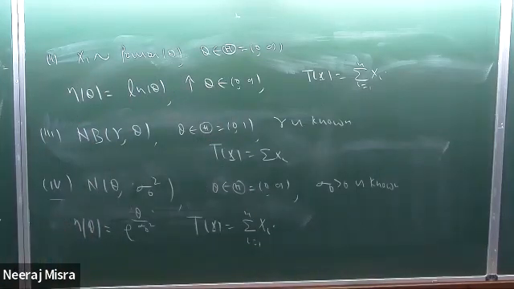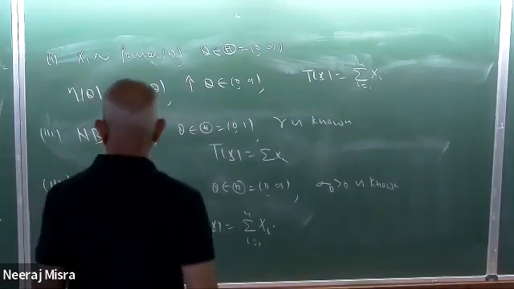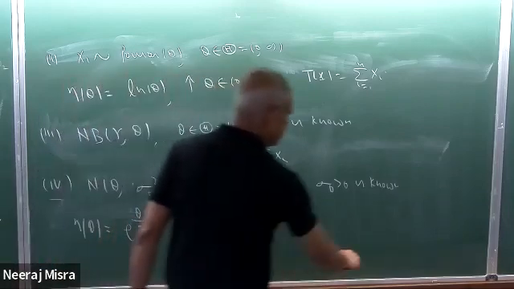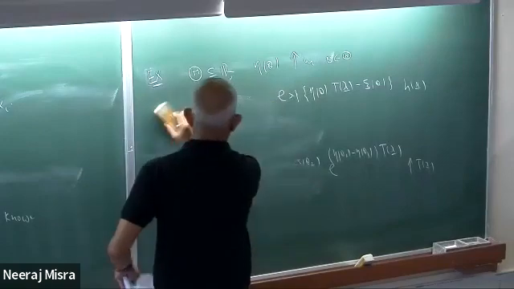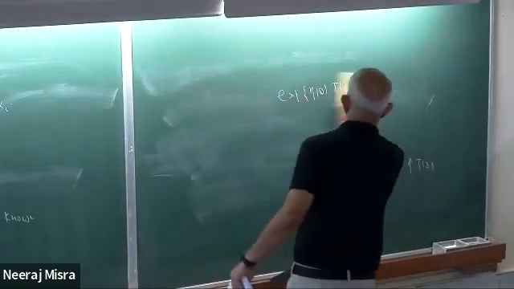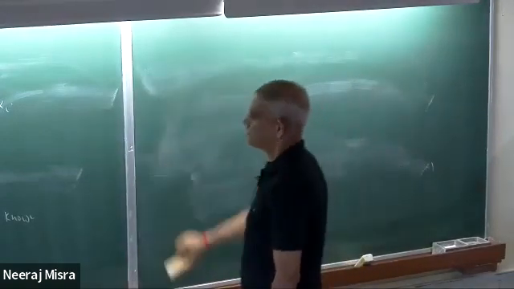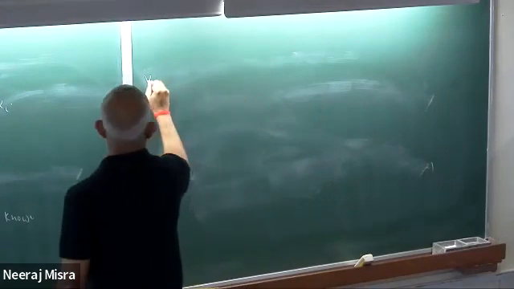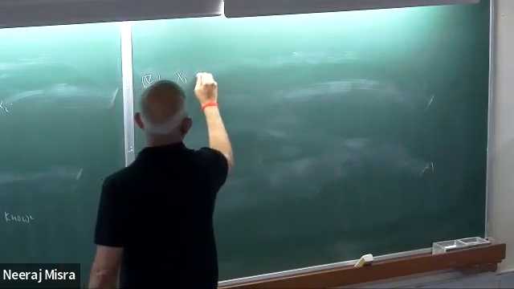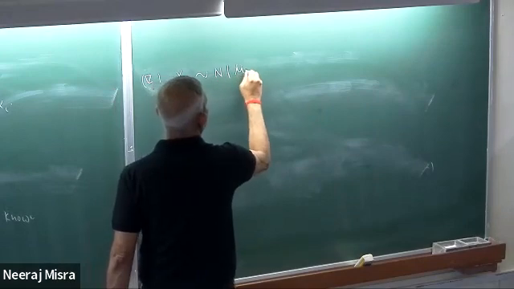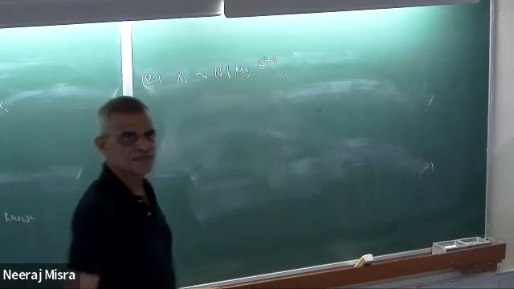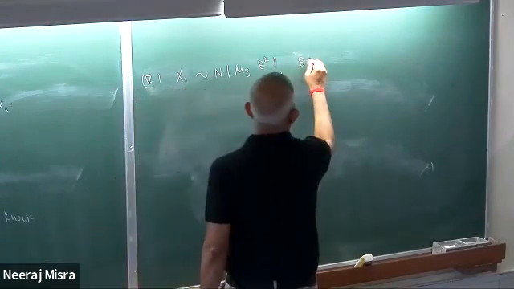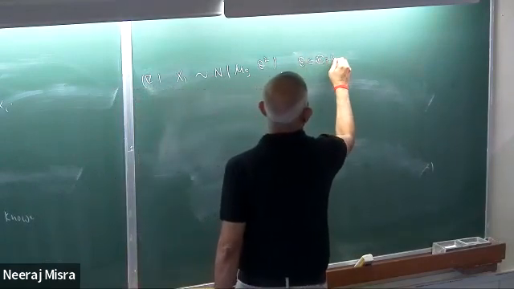All right. Okay, now let's consider another example. X1 is normal mu naught theta square, theta belonging to Theta.